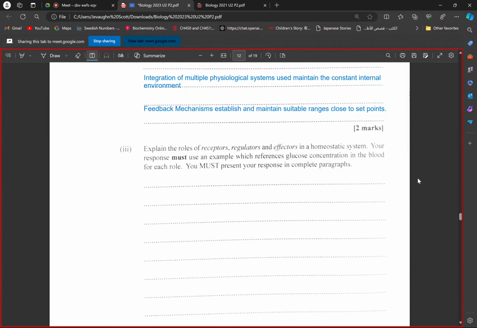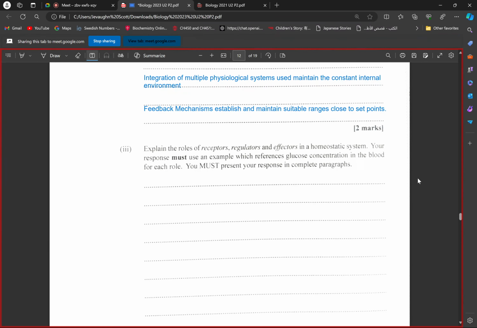So now we're looking at those regulators. The regulators will take in the information from the receptors and create an impulse, to see how it will change the stimuli so we can return it to the original set point.